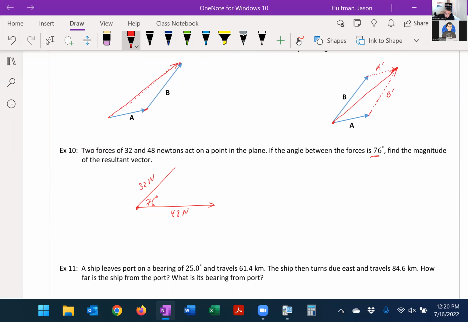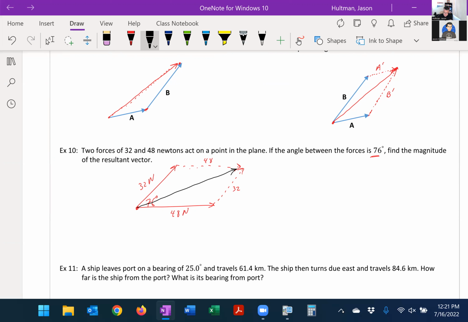And so in this case, I'm going to use the parallelogram method. 48 newtons and 32 newtons, 48 and 32, and I want to find the diagonal of this. Okay, I want to find the resultant vector here.